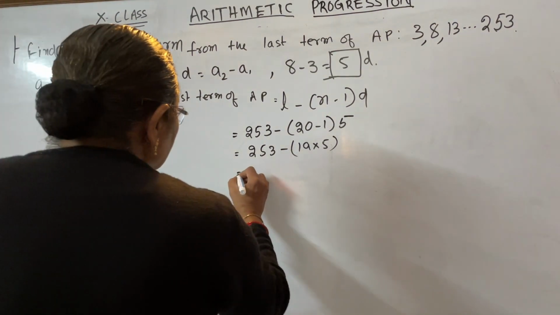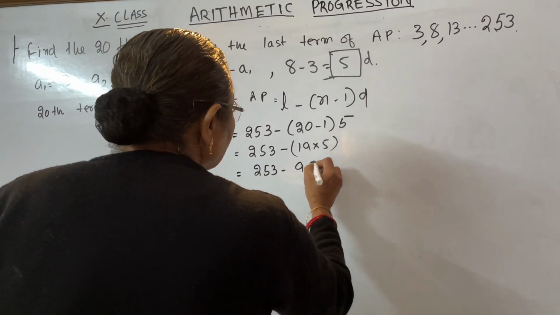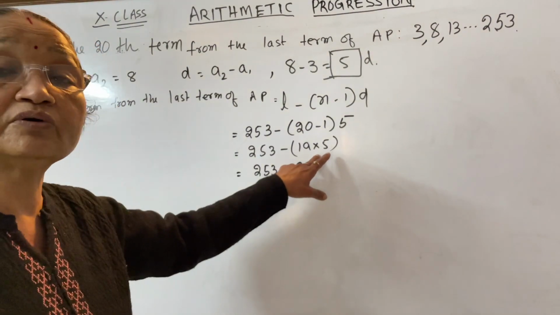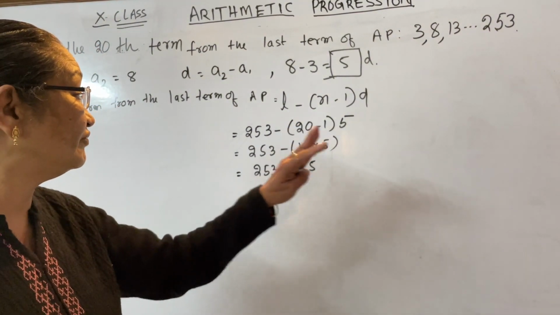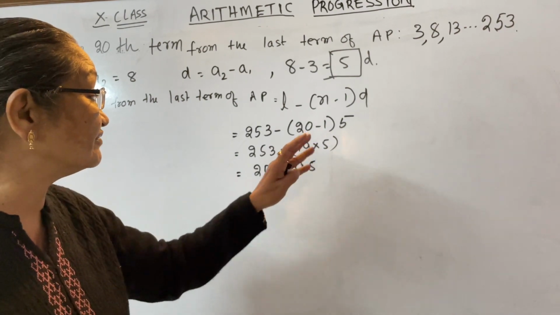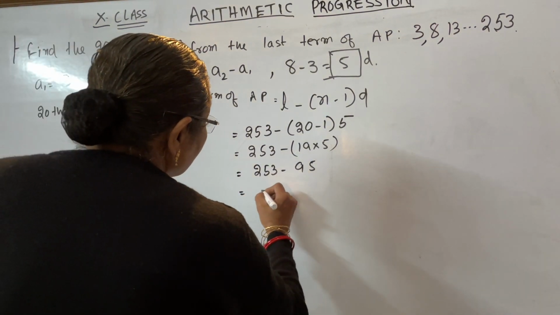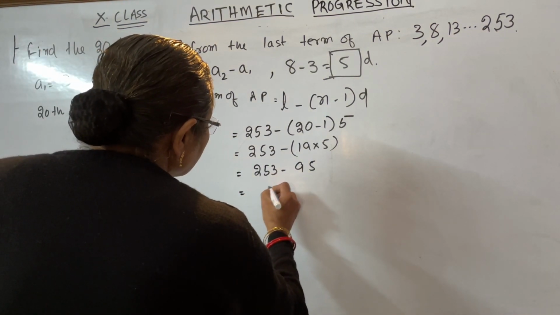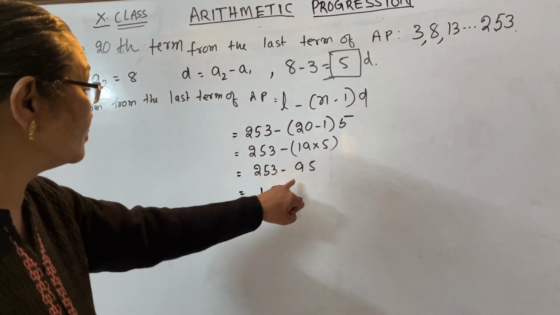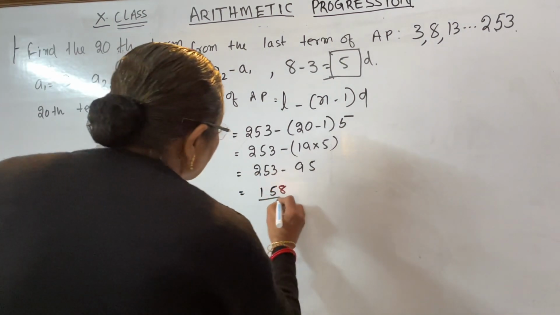So now this one will become 253 minus 95. 9 5s are 45, 5 9s are 45, 5 4 is 9. So now if you subtract it, this one will become 8. No, let's add it. 8 plus 5 is 13, 9 plus 1 is 10, 10 plus 5 is 15, 1 158 is the last term.